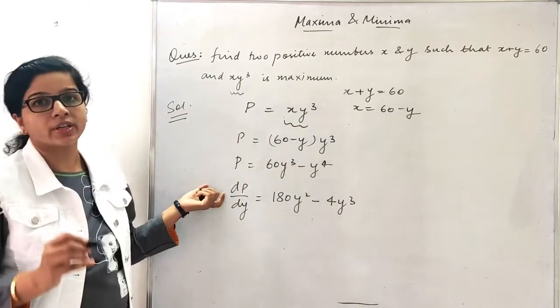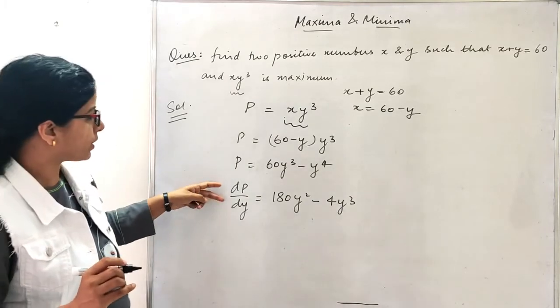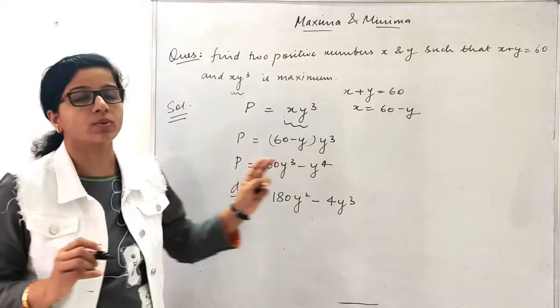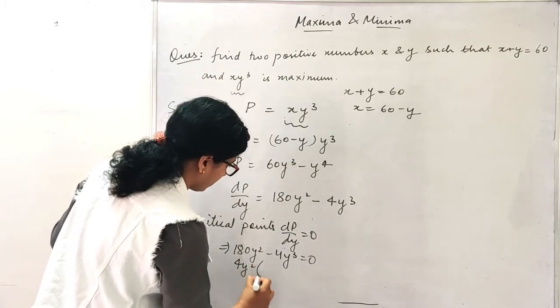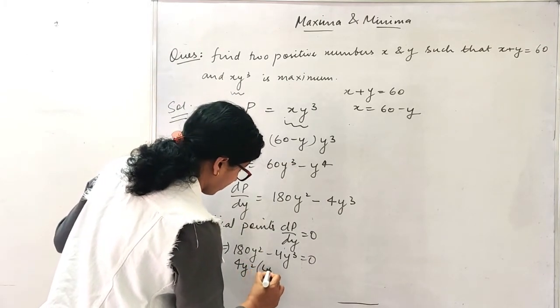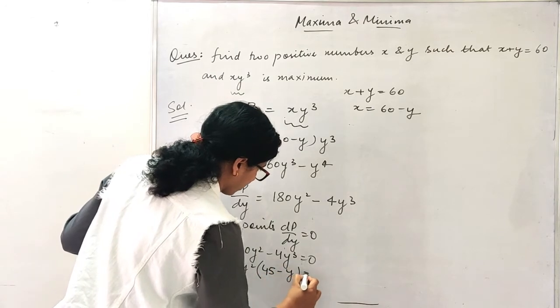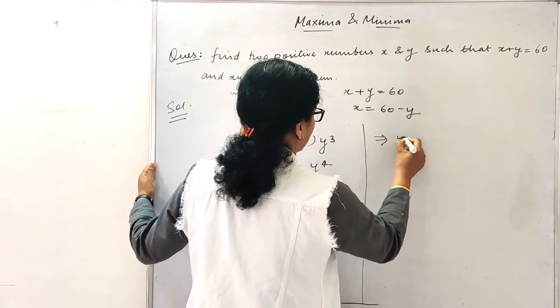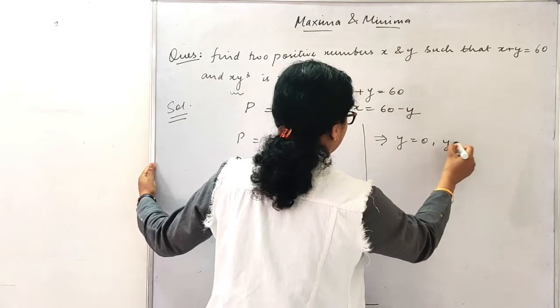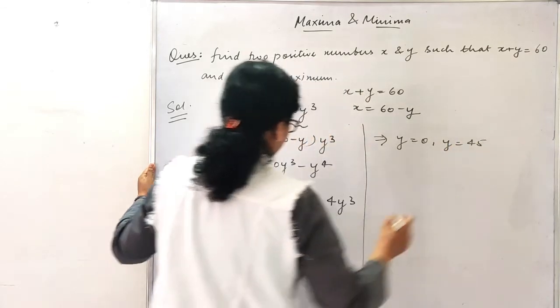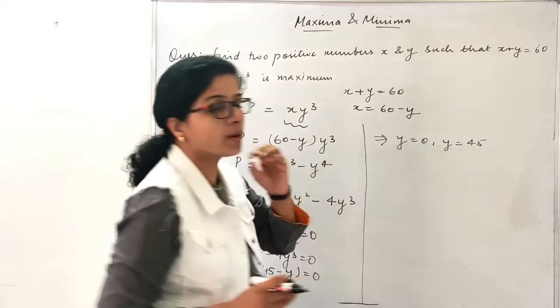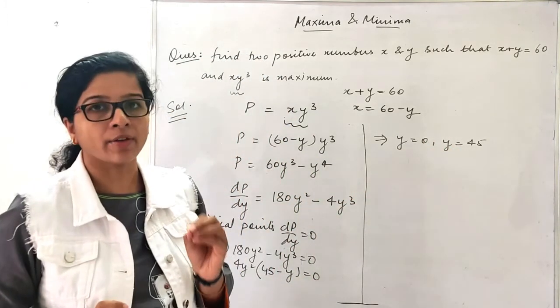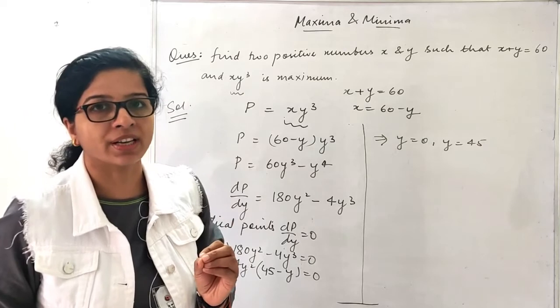Now to get the critical points, we are going to keep dP/dy equal to 0. So we can take out 4y^2 common. So we are left with 45 minus y equals to 0. This implies y = 0 and y = 45, right? Now to check which of these is my point of maxima, we have to take the double derivative test, right?